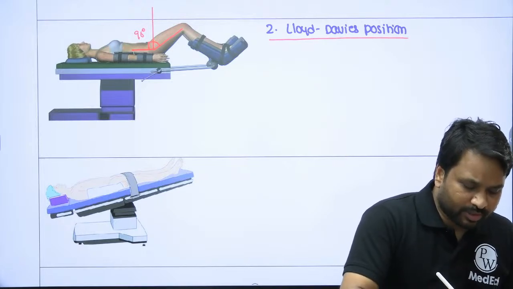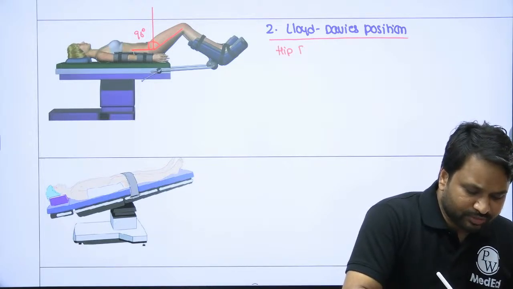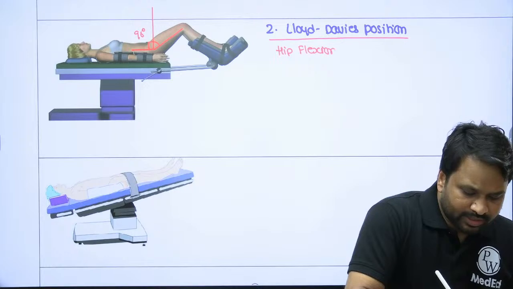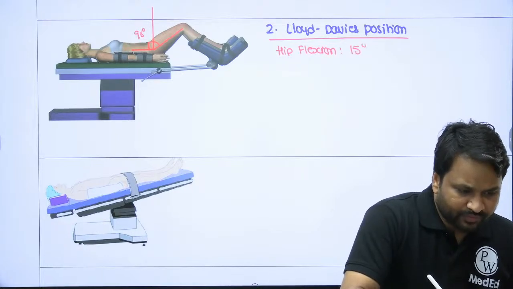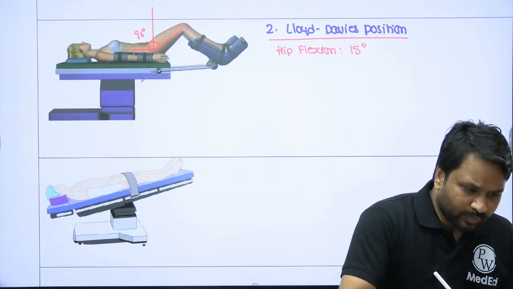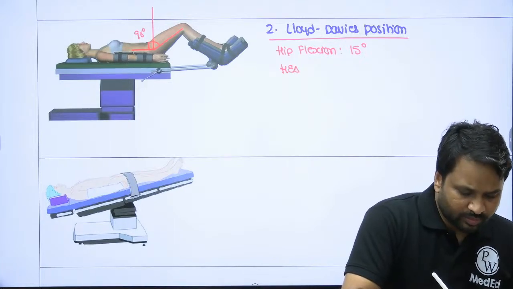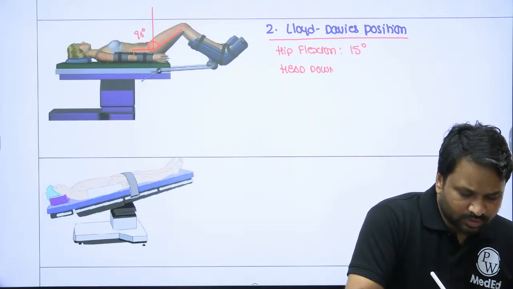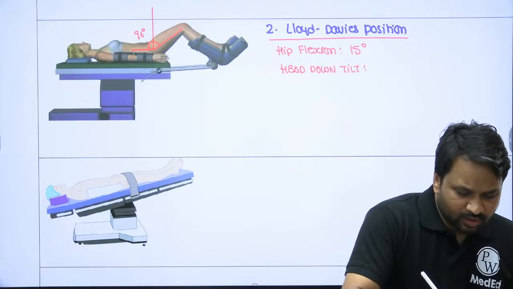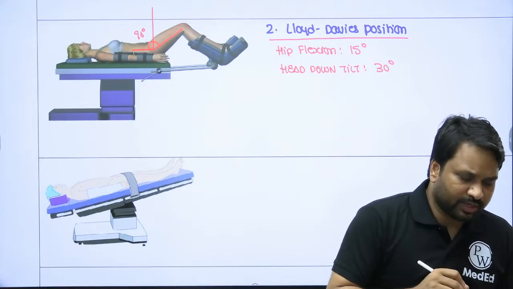Now remember, the hip flexion in the Lloyd-Davis is going to be 15 degrees, along with a head down tilt of 30 degrees, right?